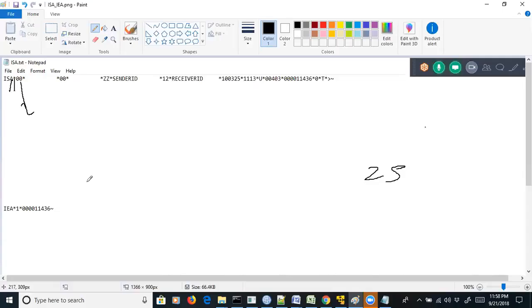Right? So sometimes we have information, but we need to provide what kind of information this is. For example, if you take this example itself, this number is 25, but what is this 25?